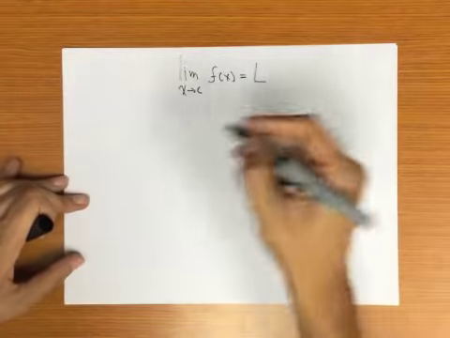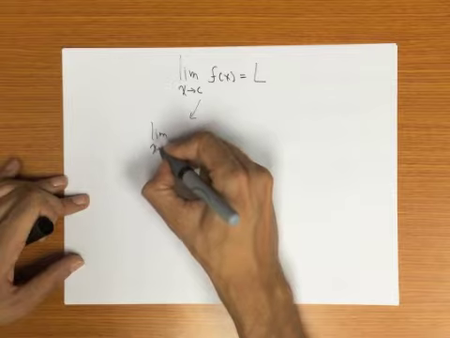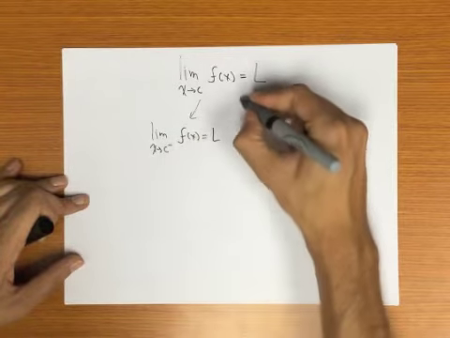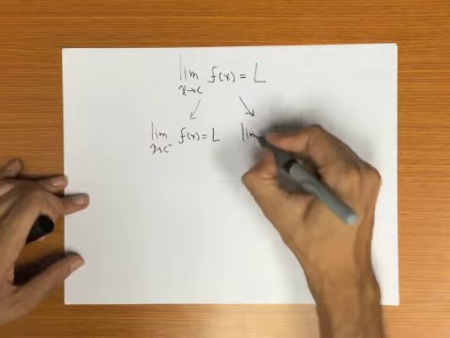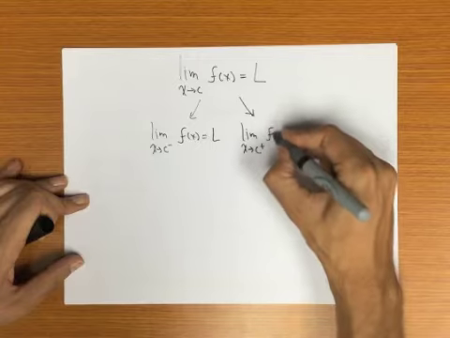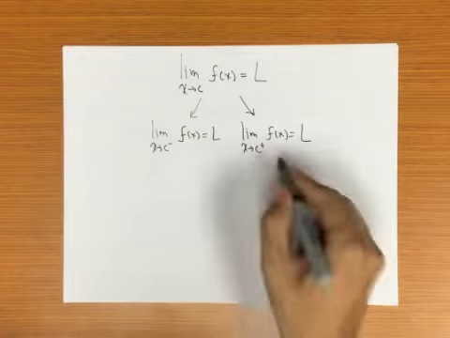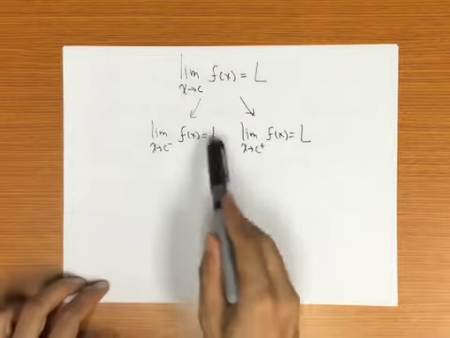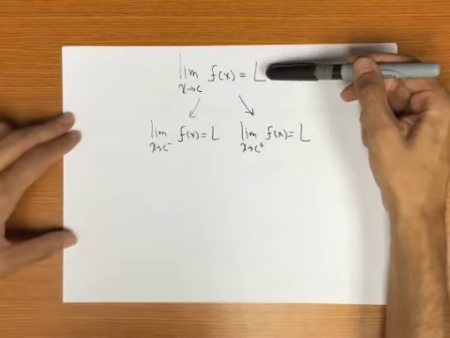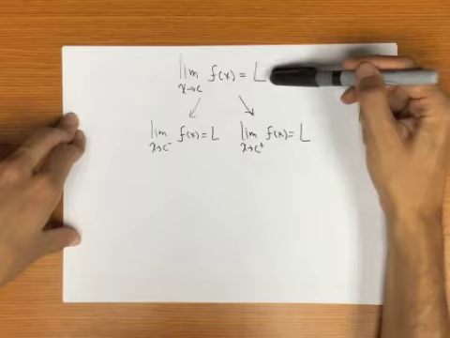If and only if from the left side, the limit when x approaches c from the left side of the function is L, and the limit when x approaches that same number from the right is also L. So the same thing will happen from the left and from the right in order to identify that this limit exists.